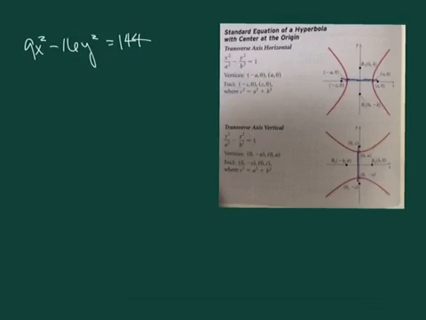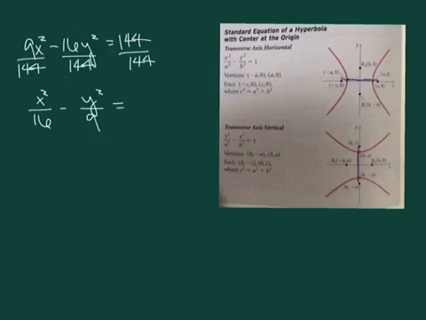Well, this is equal to 144, so I need to make it a 1, so I'm going to divide each part of this by 144. That makes it x squared over 16, because 9 goes into 144 16 times, minus y squared over 9 equals 144 over 144, which is 1.